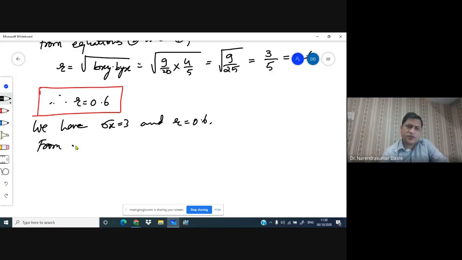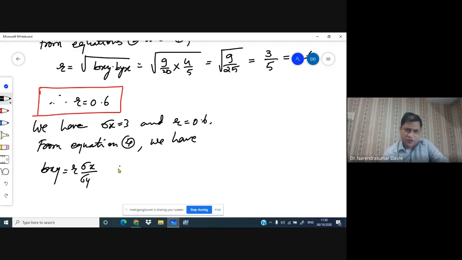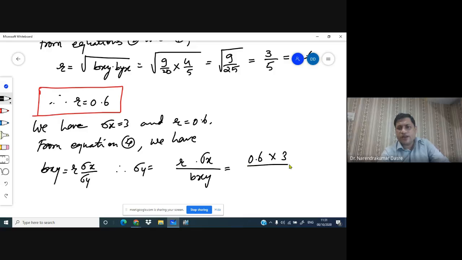Okay, now I want to have the value of sigma y. So what we have is sigma x is equal to 3 and r is equal to 0.6. So what I can write is, from equation 4, we have bxy is equal to r sigma x upon sigma y, and hence sigma y is equal to r into sigma x upon bxy. So this is 0.6 into 3 and bxy is going to be 9 by 20.